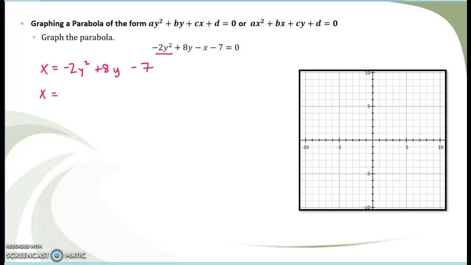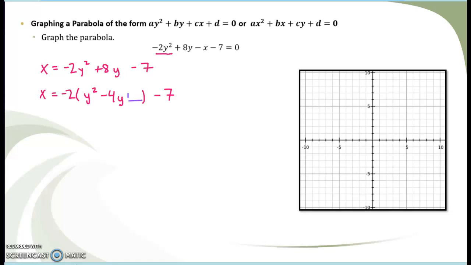So that means x equals negative 2 times y squared, minus 4y, because I factor out a negative 2 from my positive 8, minus 7. Now I have a lot of videos where I go through completing the square. I start talking about it with circles, and I also talk about it with ellipses as well, if you need to go over those.